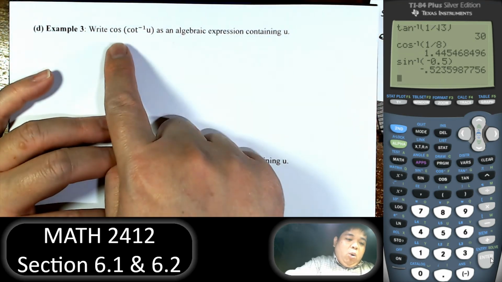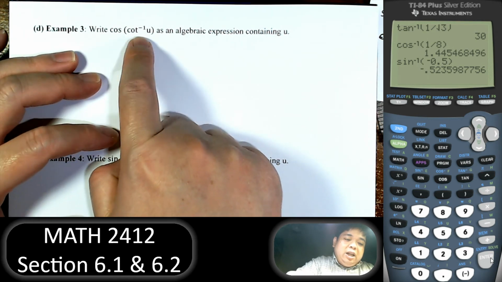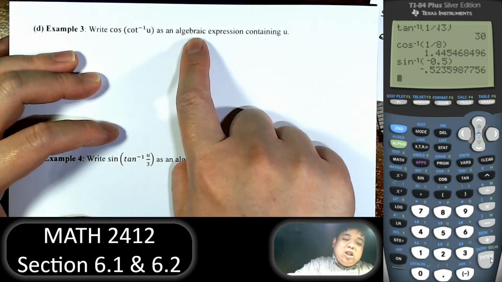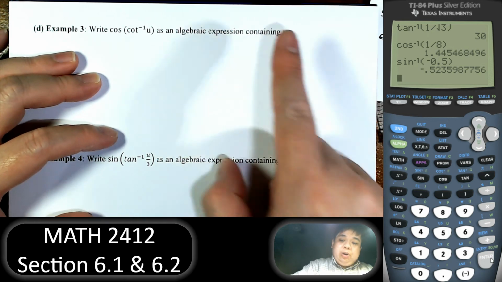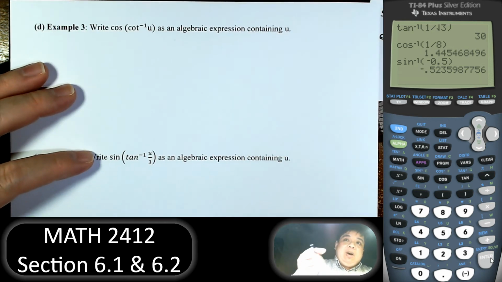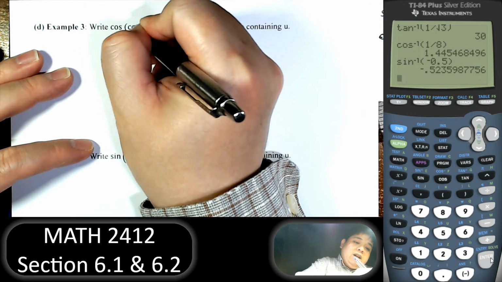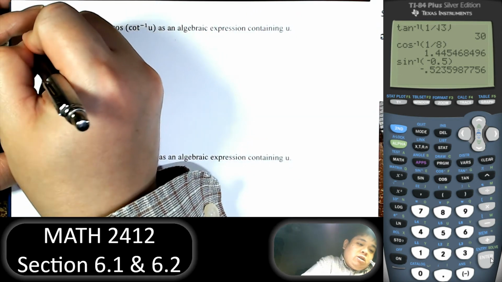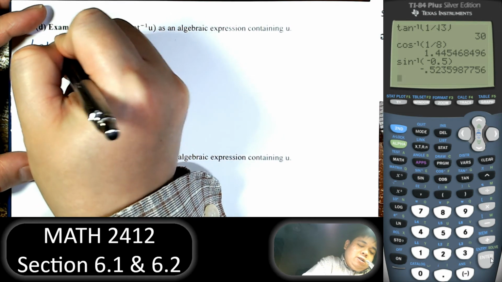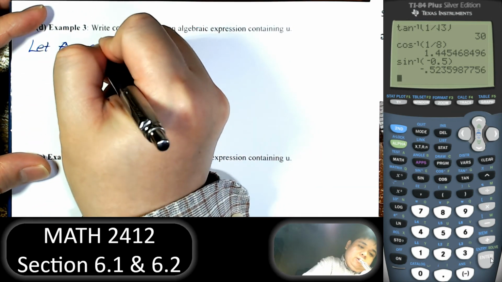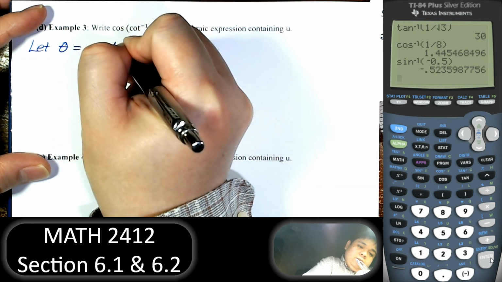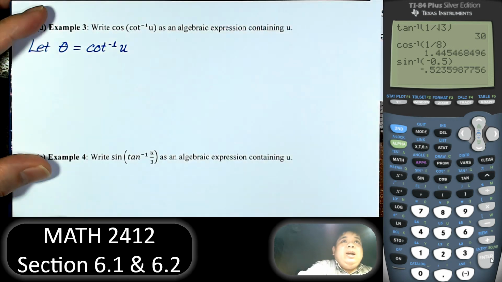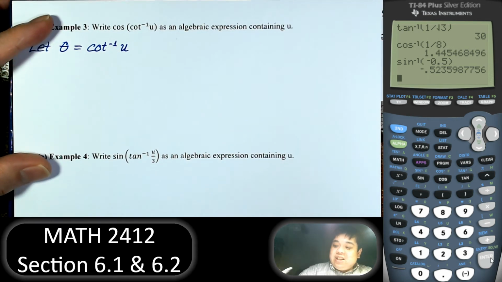Now, write cosine of cotangent inverse of u as an algebraic expression containing u. Well, kind of like what we've been doing. Let theta be the inverse trig function. Take a guess, what is the next step?